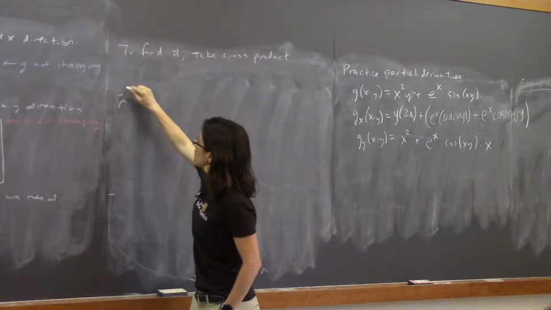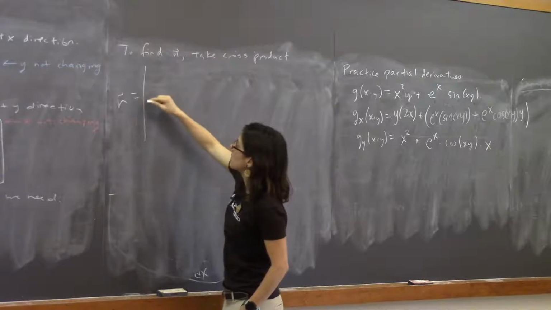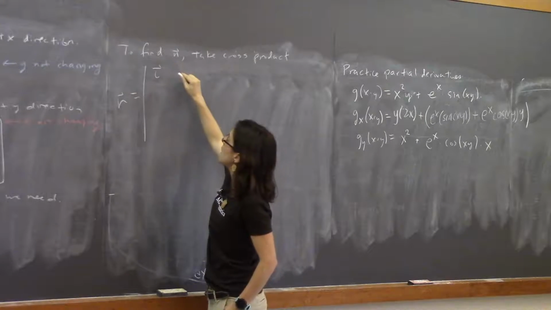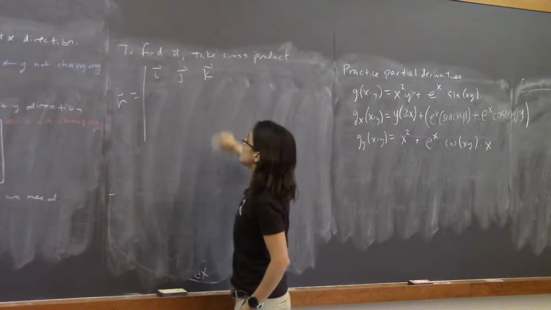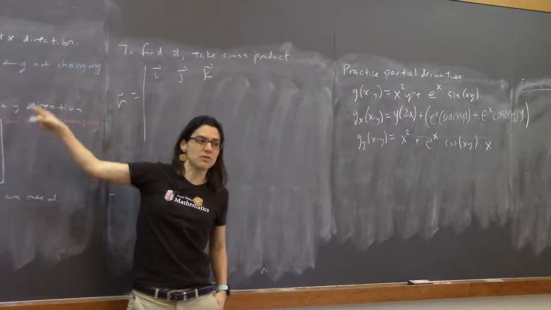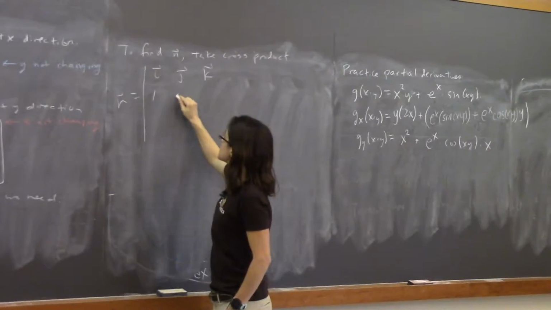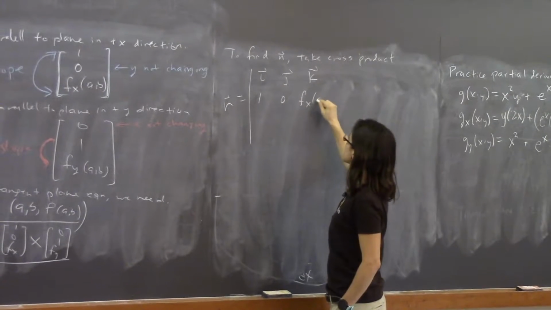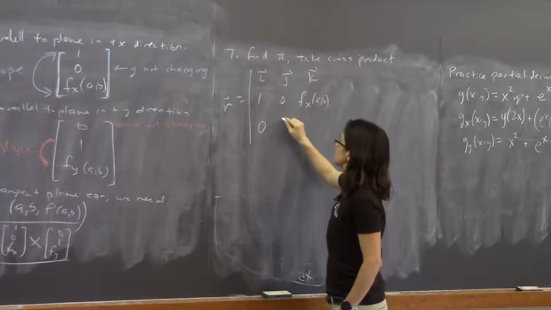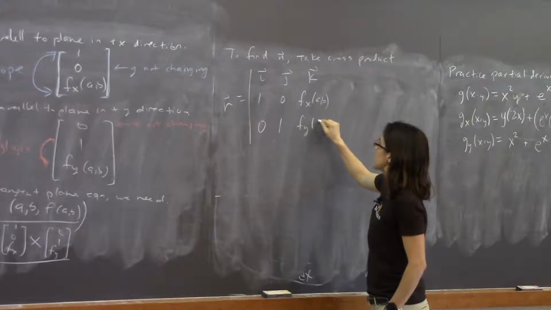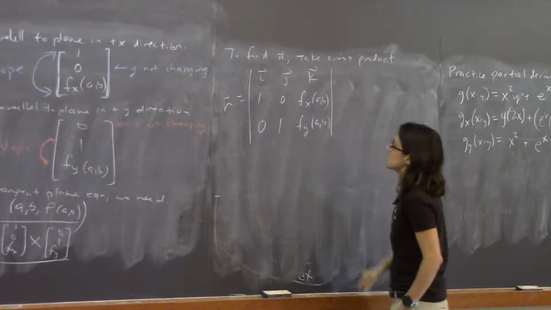So the normal vector is the cross product. To write out a cross product, we do i, j, k, and then we put these as the rows. So we get 1, 0, partial derivative with respect to x, evaluated at AB, and 0, 1, partial derivative with respect to y, evaluated at AB.